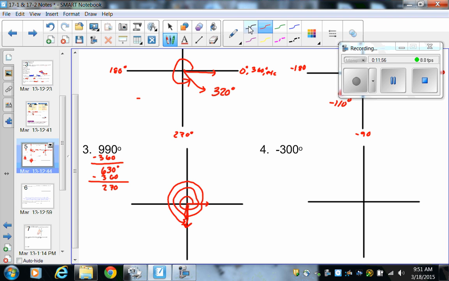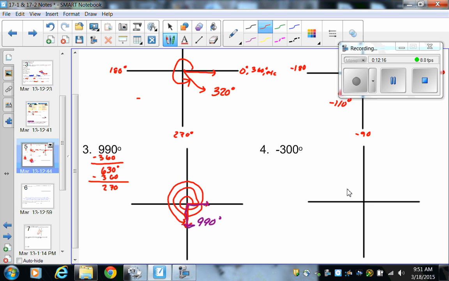I'm actually going to change that color so you can see it clearly. And then we're going to label that as 990 degrees.